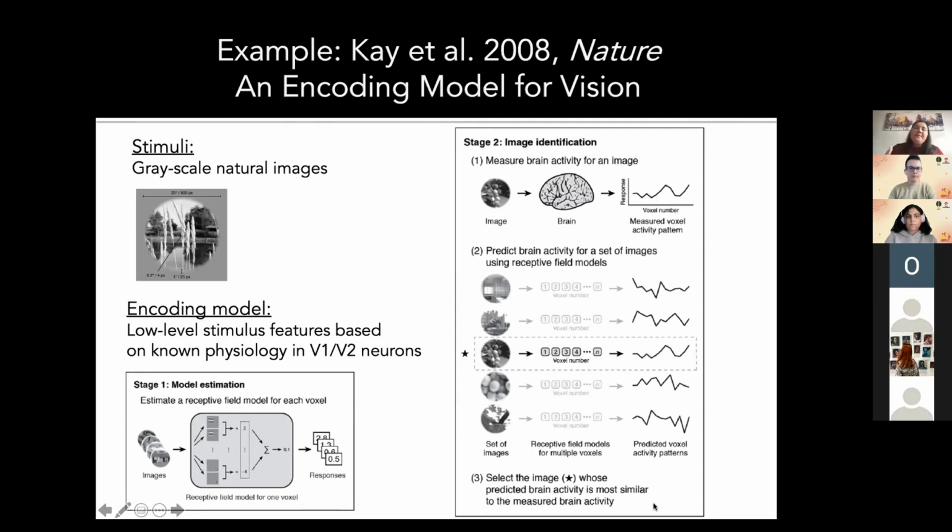Okay, so this is basically another method that allows you to understand what kind of information is encoded within a certain brain region. This was the first study, this Kay et al.